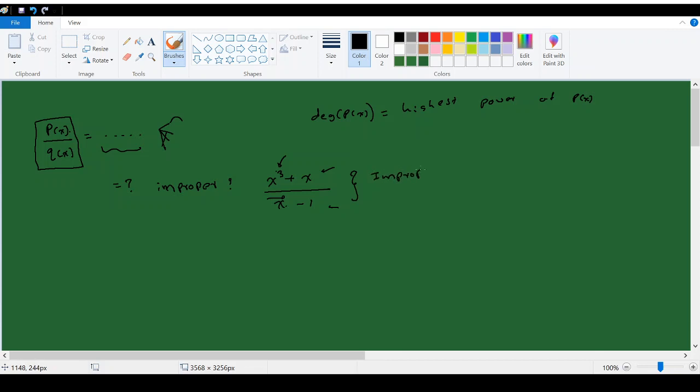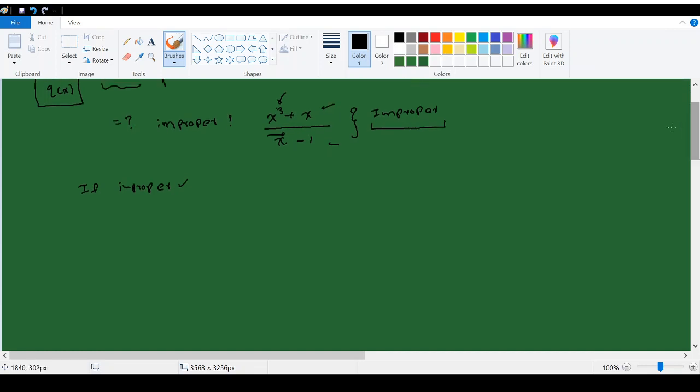Okay, so now this is the requirement that we need to check before going into these four methods, right? The reason is, if it is improper, then we need to do an additional calculation, and that is, we should do the long division for these two polynomials.